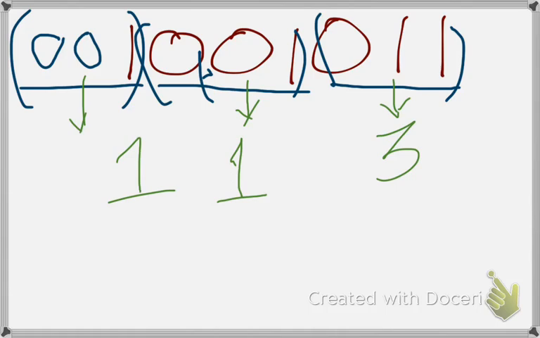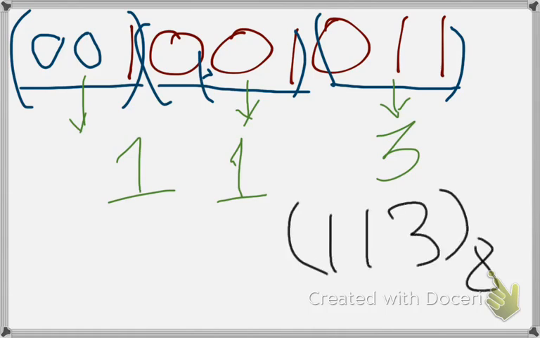So our required octal number is 113 base 8. That is how you convert a binary number into an octal number.